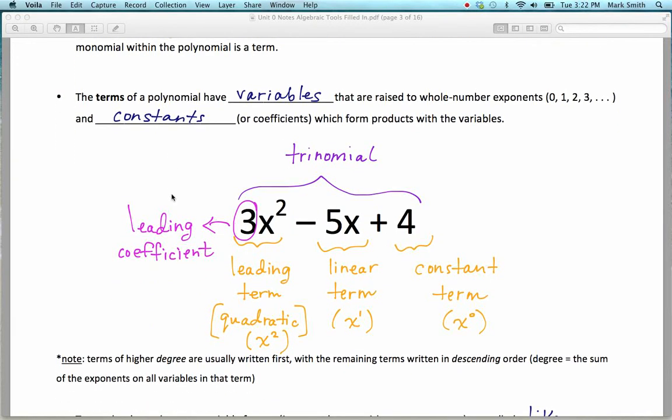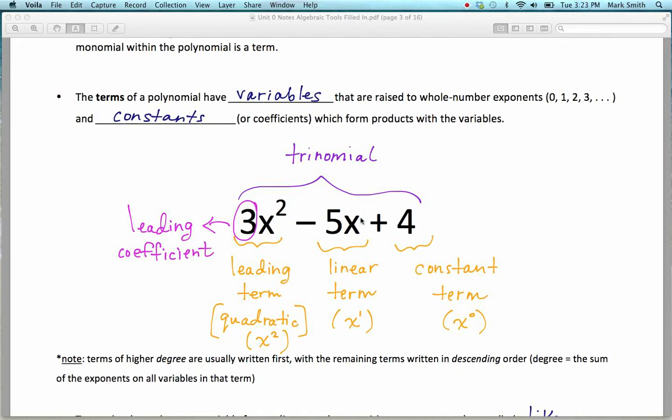If we look at an example, this one is a trinomial because we can see 3 terms. And we'll just label the 3 terms that we see. If we go in descending order, exponent 2, exponent 1, and technically exponent 0, I'll get to that in a second, then the first term is called the leading term. And in this case, because it's x squared, we'd call it the quadratic term. The second term here we're going to call the linear term because of the exponent of 1 on the x.